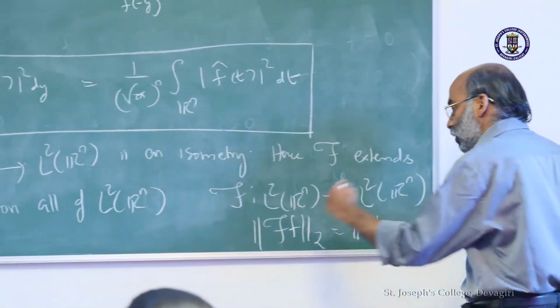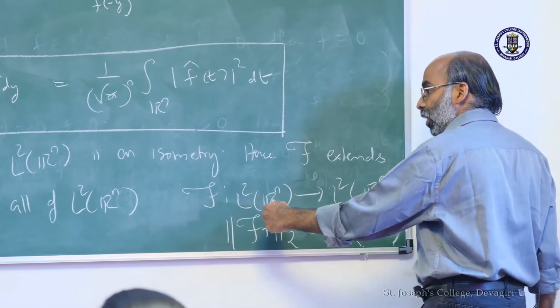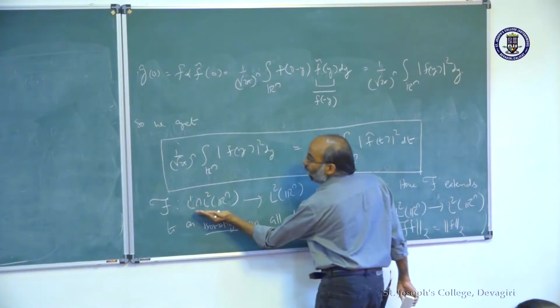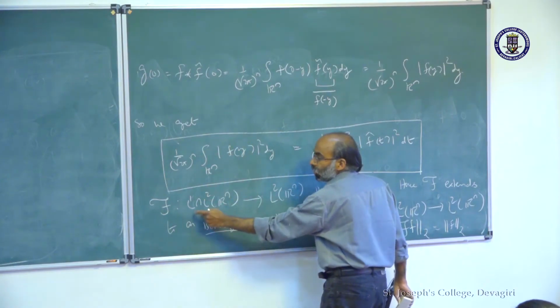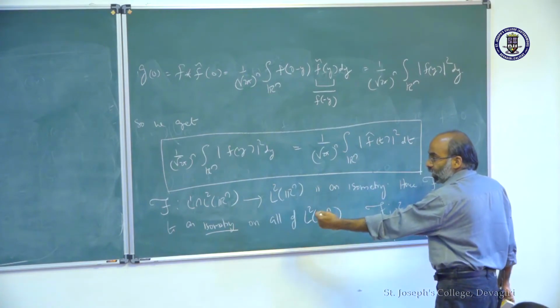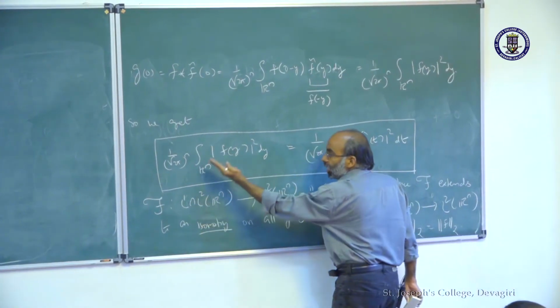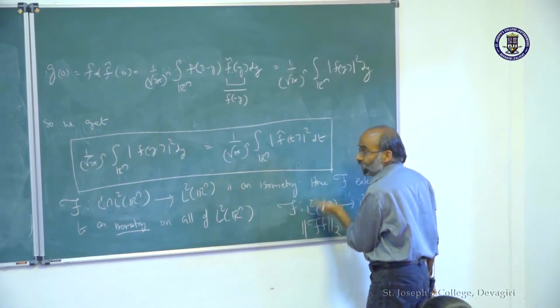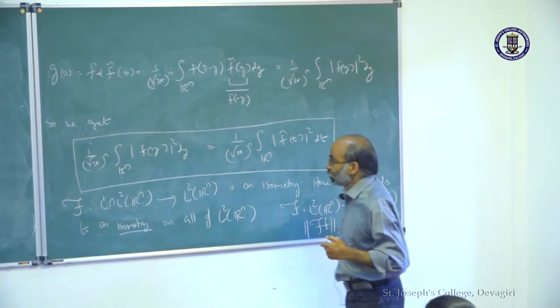So, it is defined in the functional analytic way by taking limits. Only for functions of this class can I write down the integral, because it is in L1. If I take an arbitrary L2 function, I approximate it by functions from here and take the limit of the Fourier transforms in L2. That is how it is defined.